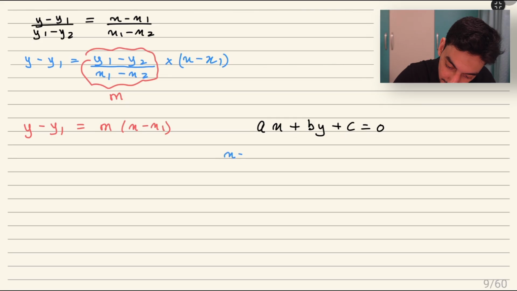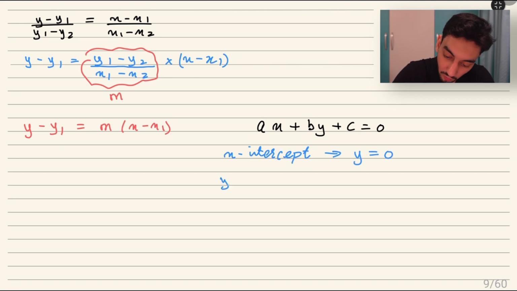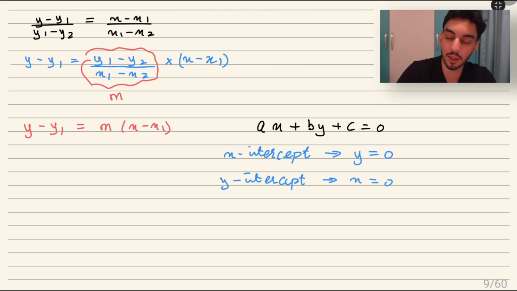For the x-intercept, you have to substitute y is equal to 0. And for the y-intercept, you have to substitute x is equal to 0 in this above equation. No matter what way the equation is written, just plug in x as 0 if you want the y-intercept and plug in y as 0 if you want the x-intercept.